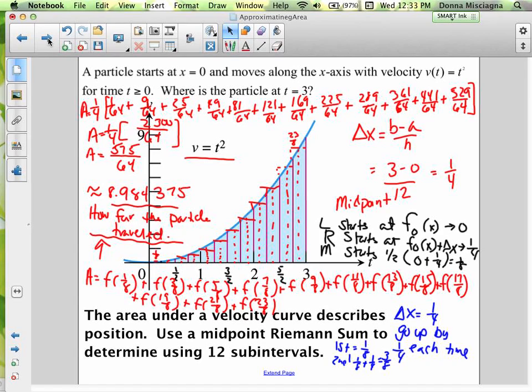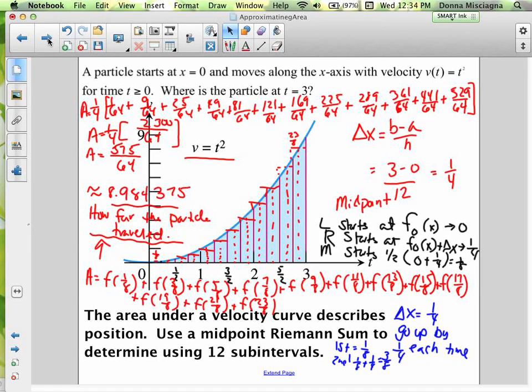The only thing I'll add to your notes is the information about the left starting at the beginning value, F naught, start at 0. The right would start at F naught plus the change in X, 1/4, and the midpoint starts halfway between the two, 0 plus 1/8, and then we'd count up by those.